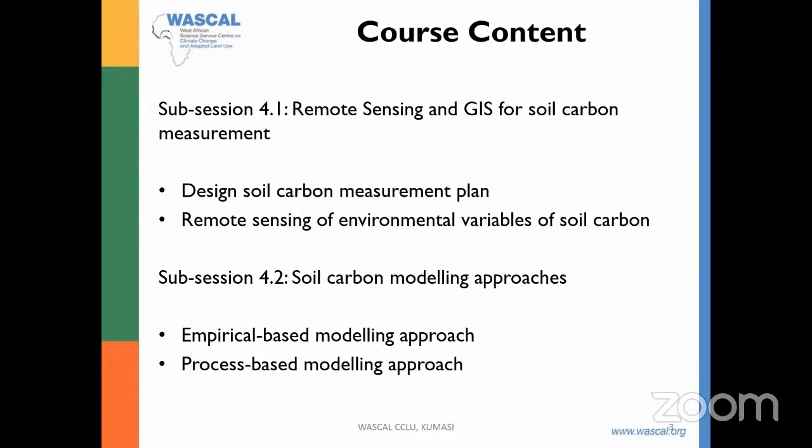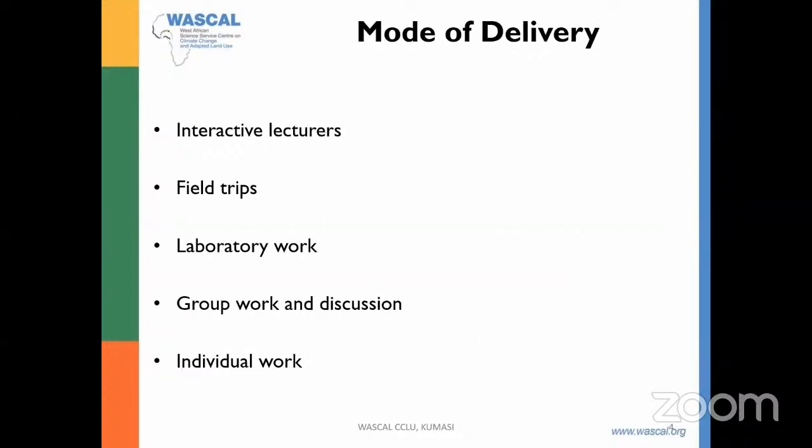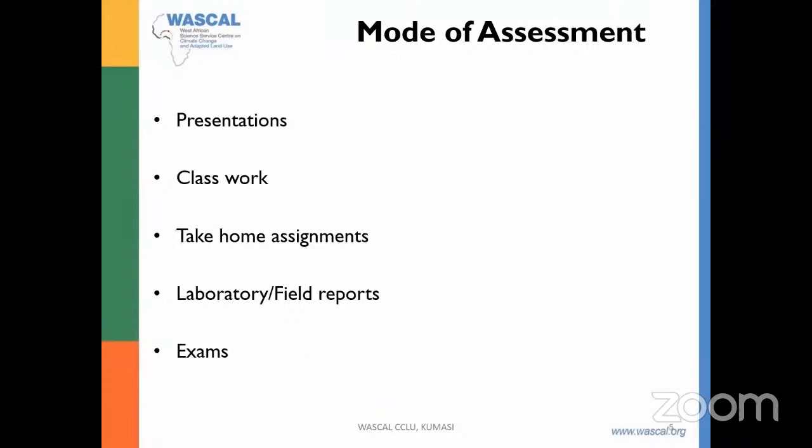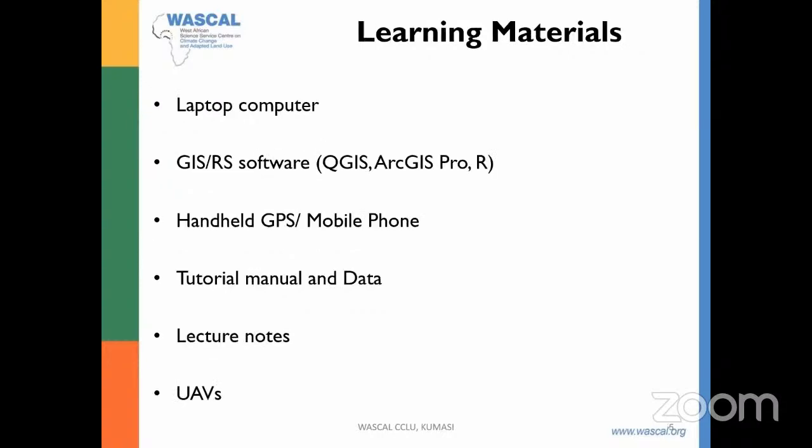And in 4.2, as I mentioned, we'll look at the modeling approaches. These are the delivery modes of this section. Assessment will be done through presentations, exams and field reports.